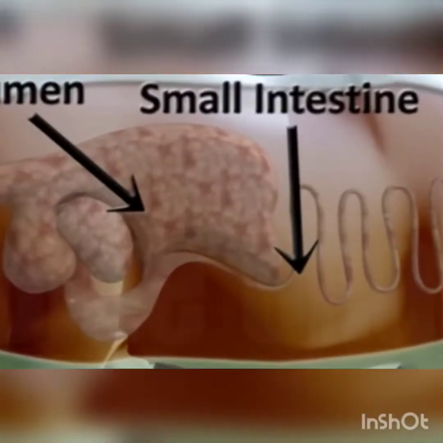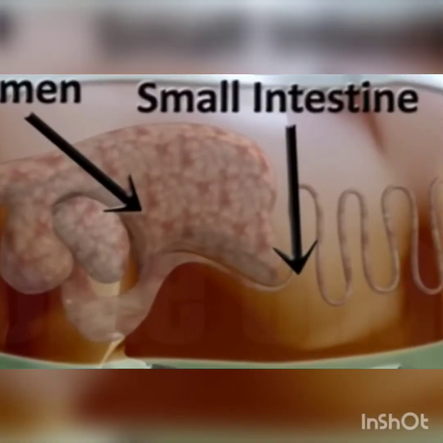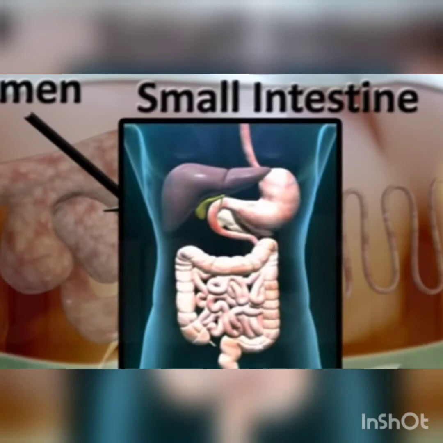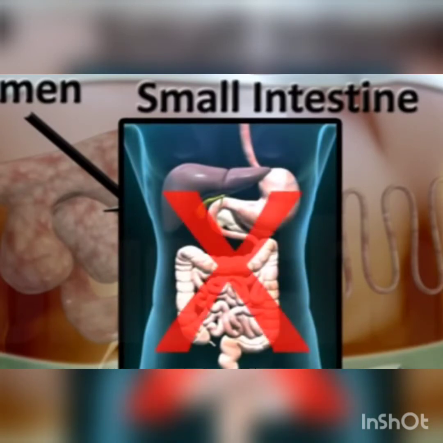The cecum contains symbiotic bacteria which help to digest the cellulose of the food. Humans and many other animals do not have these bacteria. So, therefore, they cannot digest cellulose. This is how the digestion takes place in these animals.